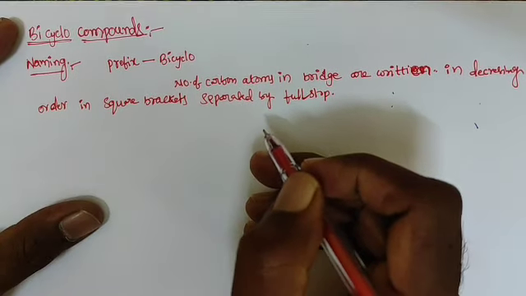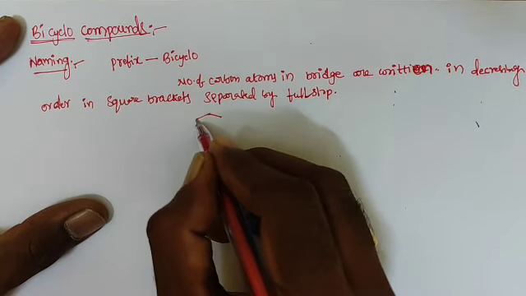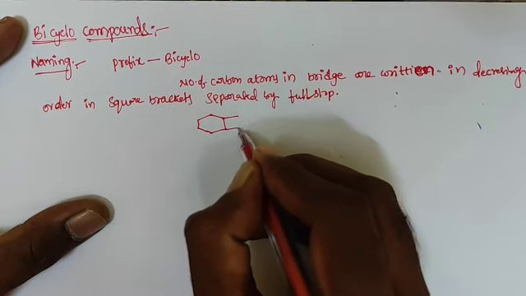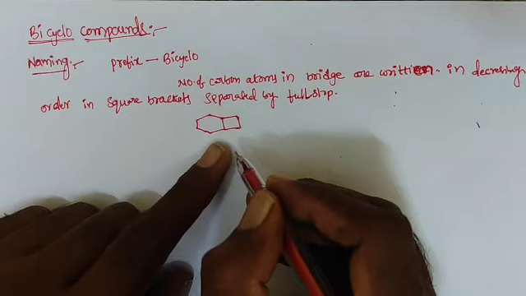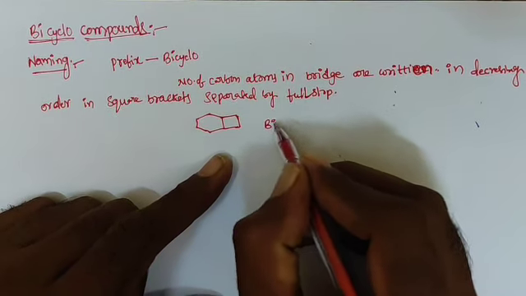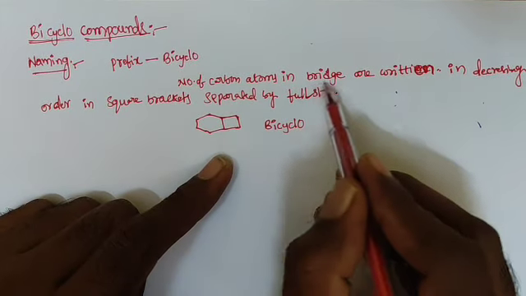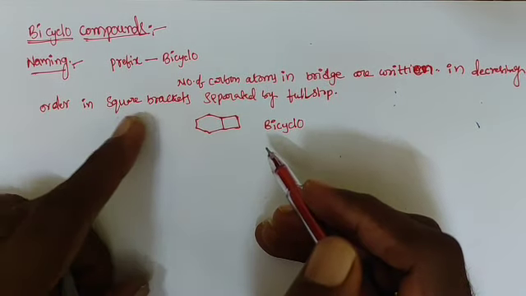This is an important point. For example, I am taking one compound like this. Bicyclo means 2 cyclic rings, so the prefix is bicyclo. Carbon atoms in a bridge are written in decreasing order in square brackets.